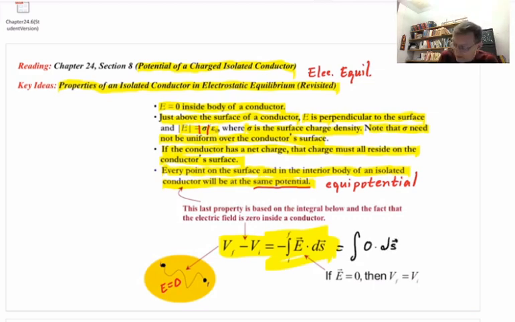Just add up a bunch of zeros. You have to get 0 for that integral. But then that integral equals V final minus V initial. So it must be that V final equals V initial. And these two points have the same potential. But those points were arbitrarily chosen inside the body. So every point inside the body, including right on the surface, must be at the same potential. Okay? The conductor in electrostatic equilibrium is one big equipotential.